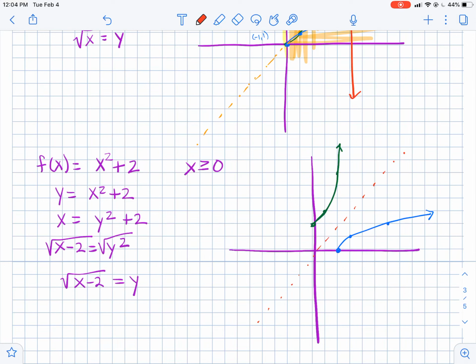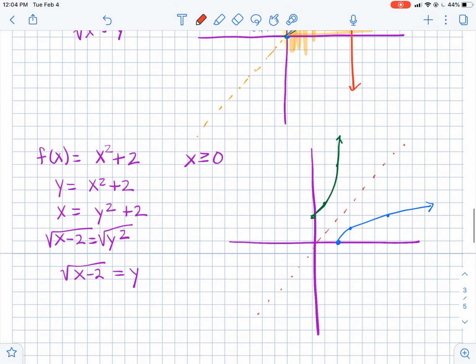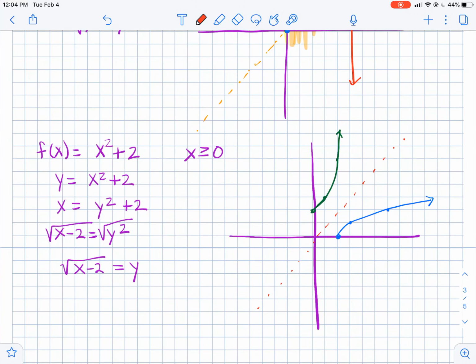Now, we should have looked at the graphing of a radical, but again, if you remember our vertex form of a parabola, whatever is inside here moves it to the left and right.